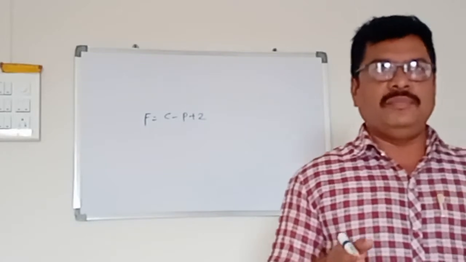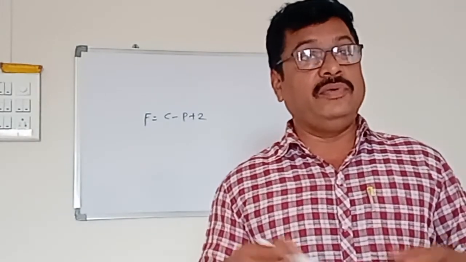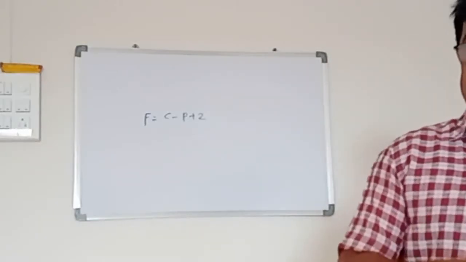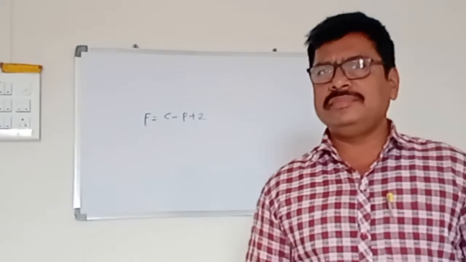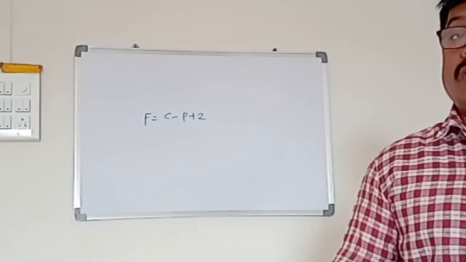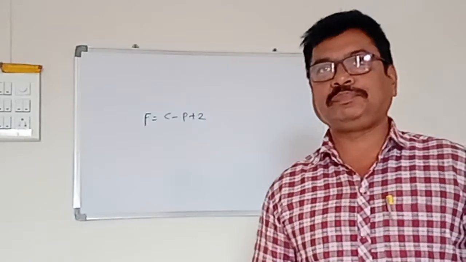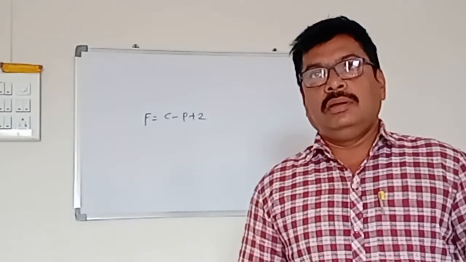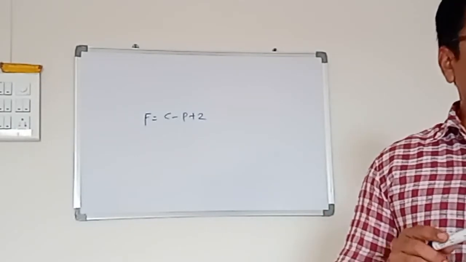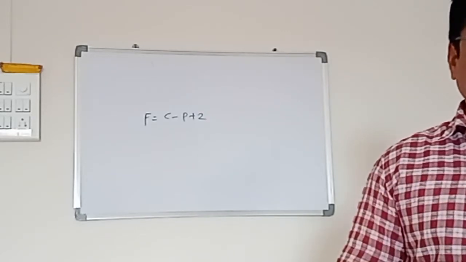This idea of component will be clear when we see a few examples, as in the case of the term phase. The idea becomes clearer about the number of components, that is letter C in the phase rule equation. There are some rules for the number of components.